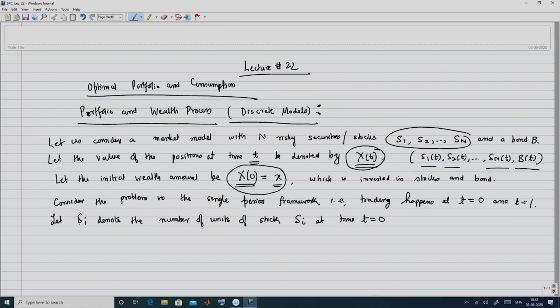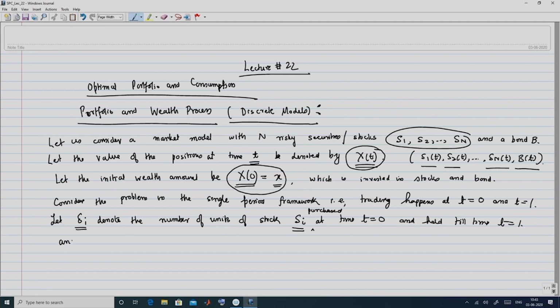So, that means at time t equal to 0 you purchase delta i number of the stock Si, and this is held till time t equal to 1.